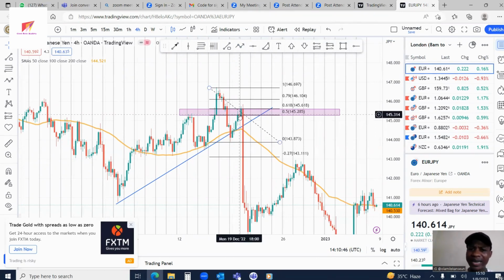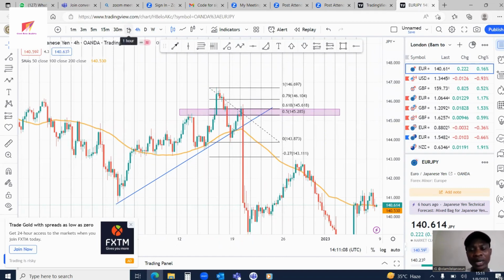So what I did, I didn't enter immediately, because let me digress a bit from the Fibonacci retracement so that you guys will be able to understand how I took that trade, right? So when the market got here, I didn't enter immediately.